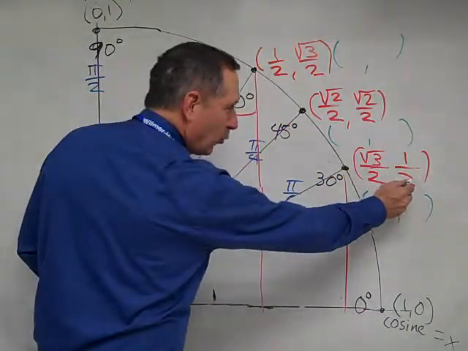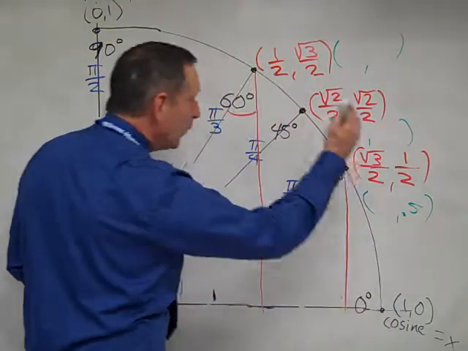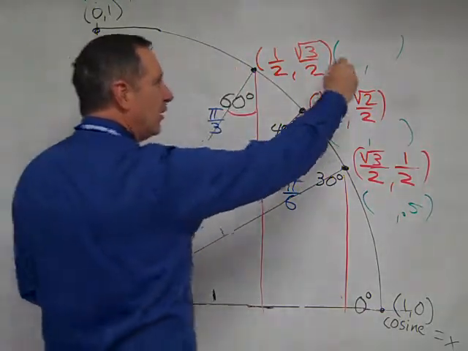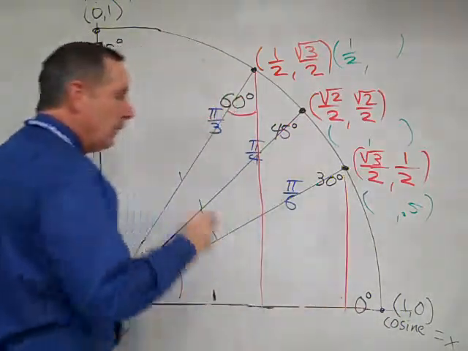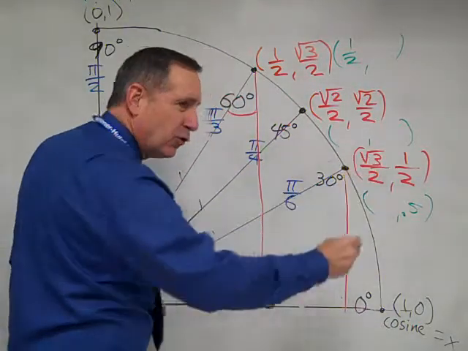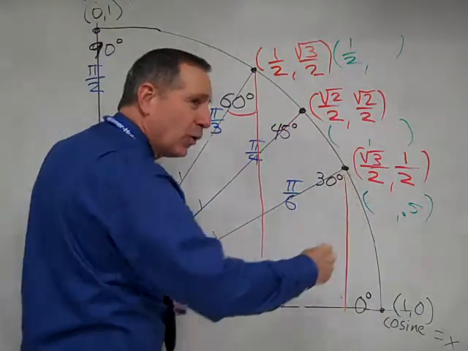So the decimal equivalent of 1/2 is 0.5. And then we also know up here the cosine of pi over 3 is also 1/2. Now the cosine of pi over 6 is going to be square root of 3 over 2.